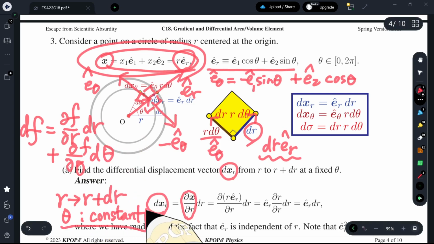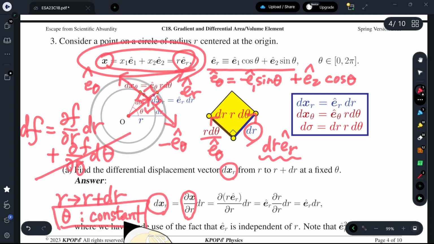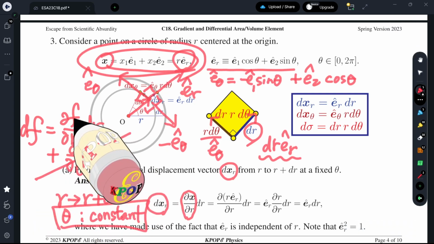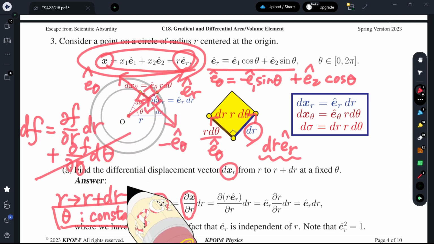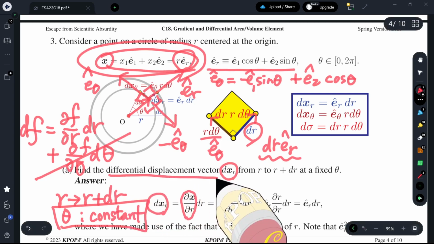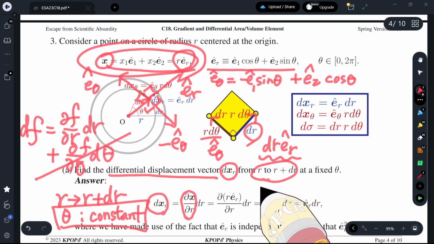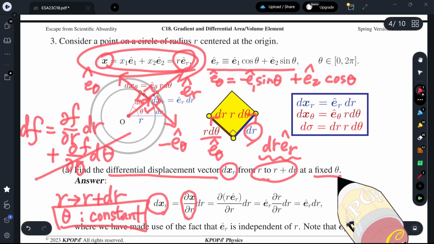But if I keep theta constant, this one disappears. If I keep the radius constant, this one disappears. In such a manner, I can compute the differential displacement vector by varying r only and keeping theta the same.